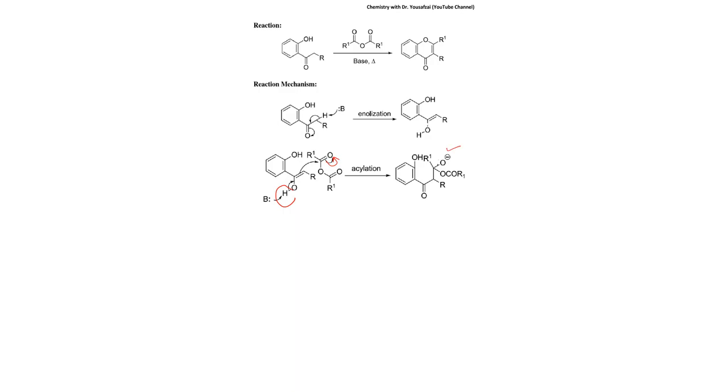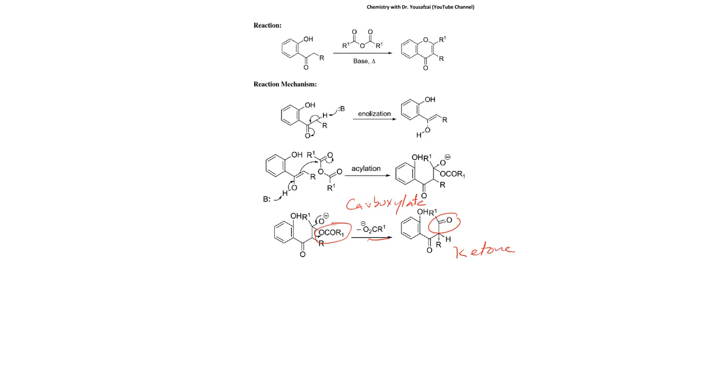In the next step, this negative charge will reform the carbonyl functionality, and this carboxylate group will be removed. By removing the carboxylate group, it will convert into ketone. So this is the ketonic functionality. By the removal of a carboxylate group, ketone functionality is formed.